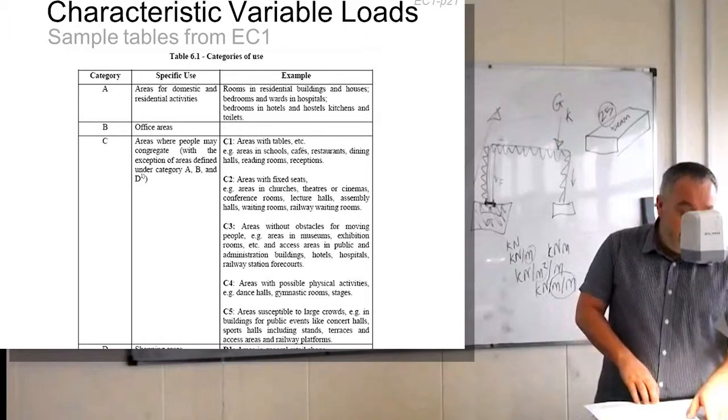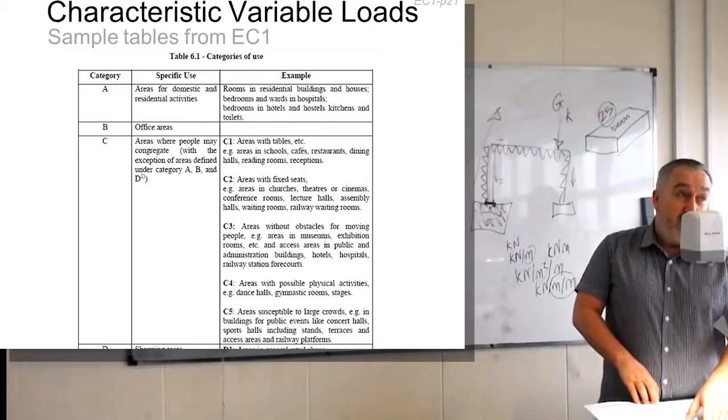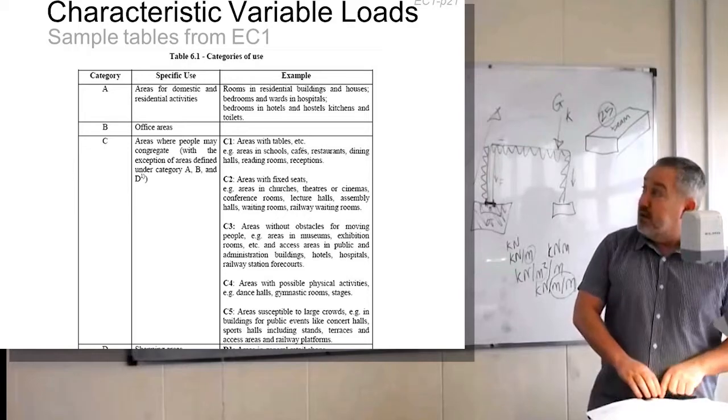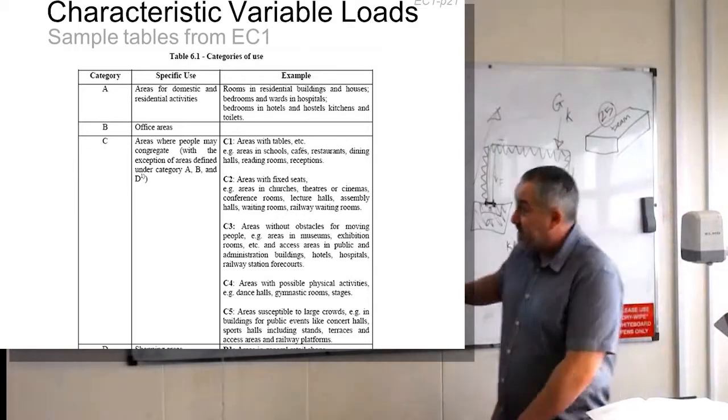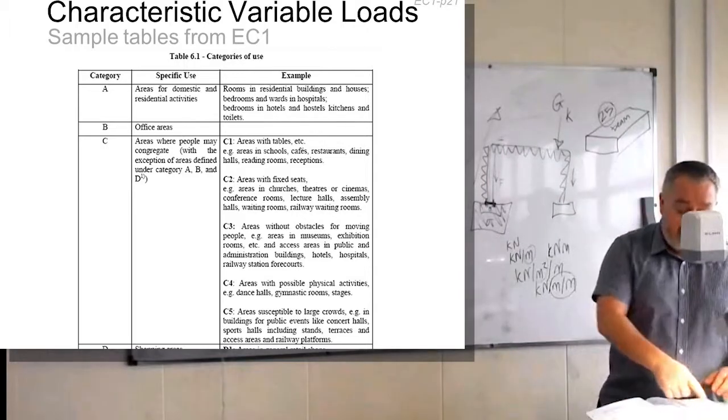So I've got EN 1991, so the 1 is the Eurocode 1. We're in part 1-1 and we're on page 21. So in terms of when you're doing your calcs, the reference would be EC1 table 6.1.